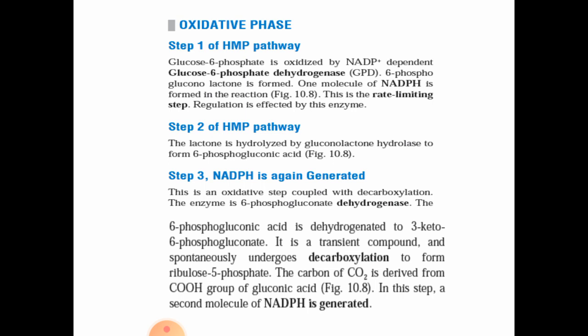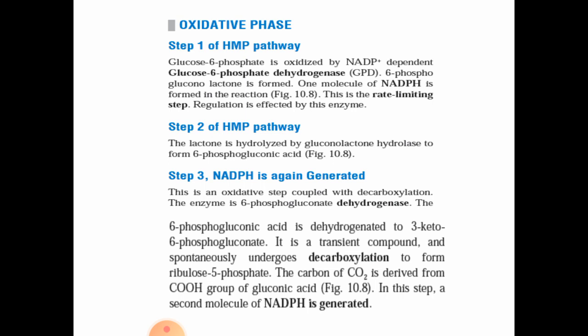The third step is where NADPH is again generated with the help of a dehydrogenase enzyme, an oxidative step coupled with decarboxylation. The enzyme is 6-phosphogluconate dehydrogenase. 6-phosphogluconic acid is dehydrogenated to 3-keto 6-phosphogluconate.